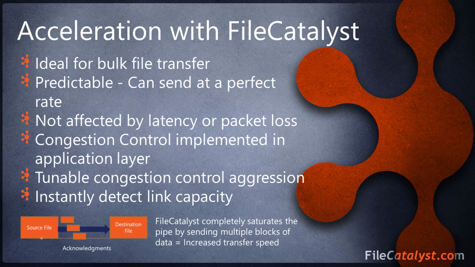To maximize your transfer tasks throughout your peak periods as well as downtime, we allow congestion control to be adjusted in the application layer, so you can adjust the bandwidth usage on the fly and as you need to when things change. And we also even let users adjust the aggression of this congestion control as well, so you can really fine-tune it to your exact needs. And we can also instantly detect link capacity, so we can instantly find out the capacity of your link and then maximize it.